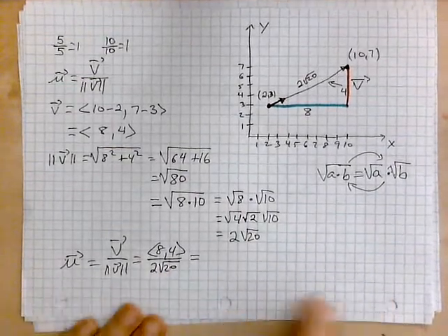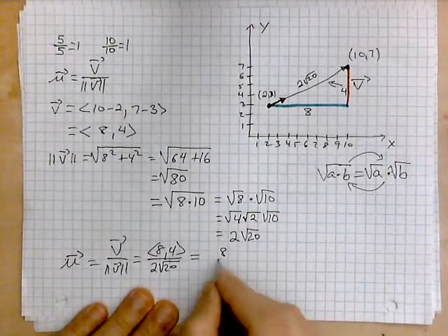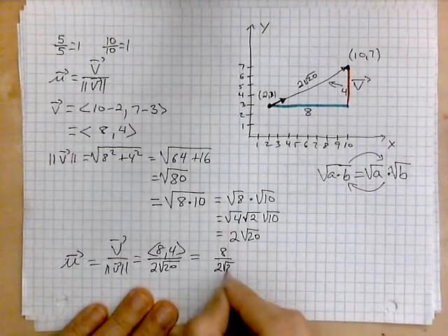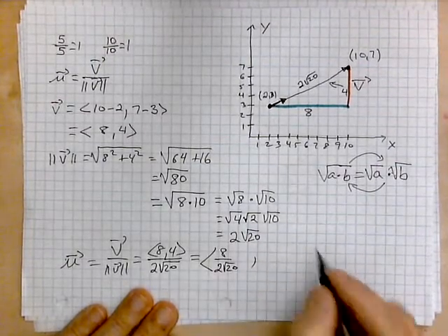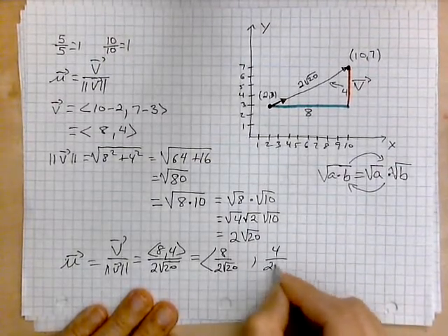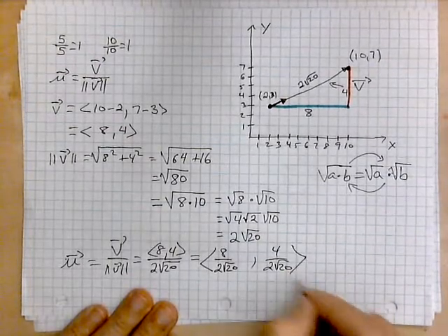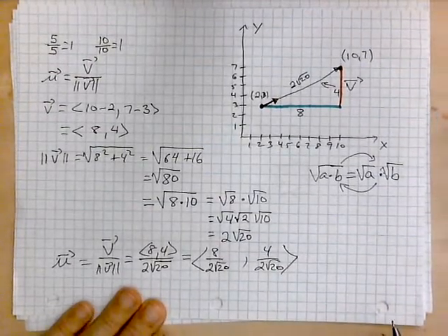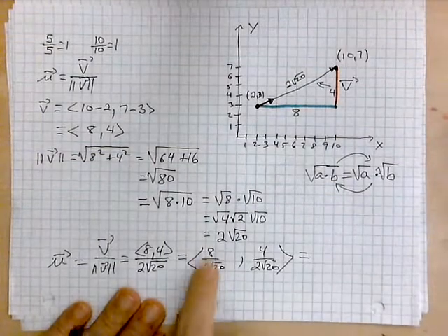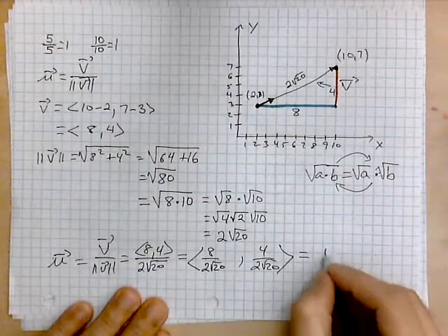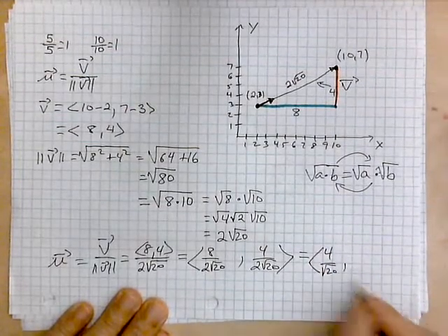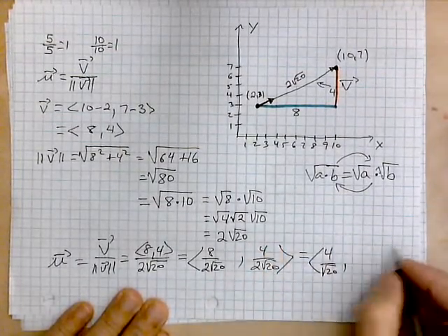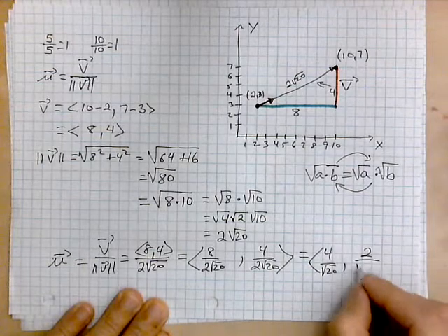Now let's simplify this a little as 8 over 2 root 20 and 4 over 2 root 20. The 8 divided by the 2 is 4, so we have 4 over root 20. And then we have 4 divided by 2, which is 2, so 2 over root 20, like this.